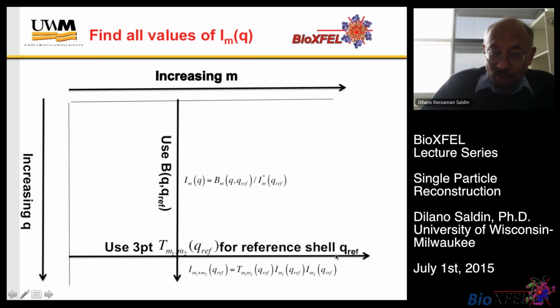So you can find all the different M values for a given QRef. And then using the pair correlation functions, you find all the different Q values for those M's. So by this means, you can fill out this entire matrix of IM of Q values.